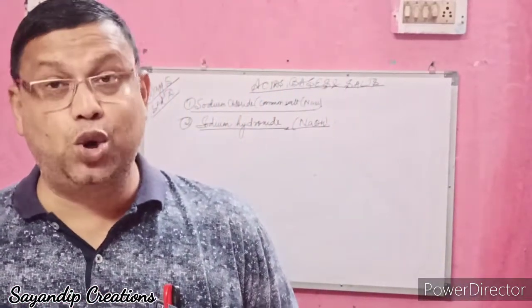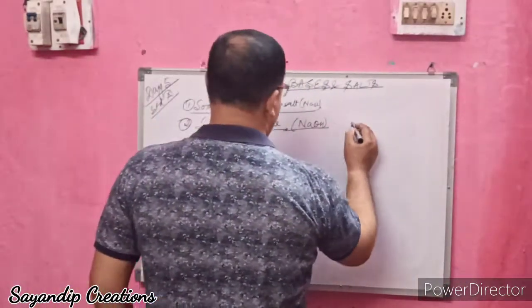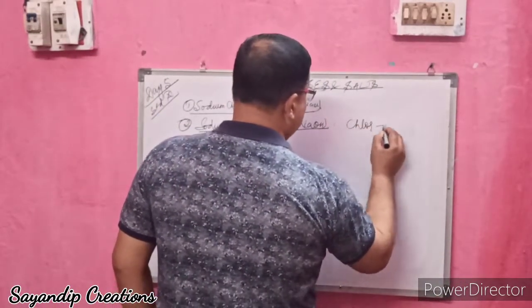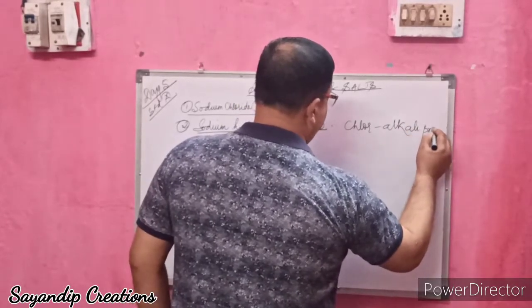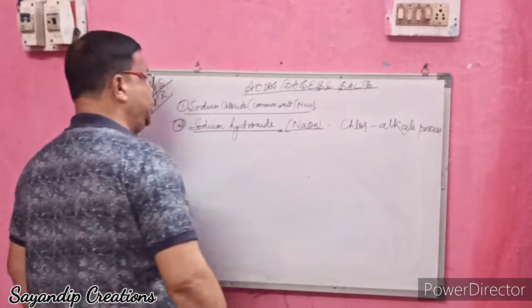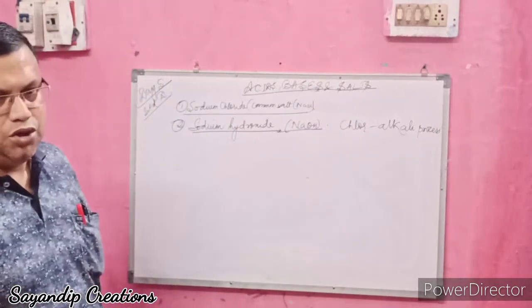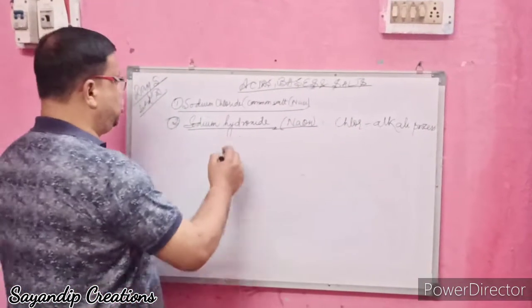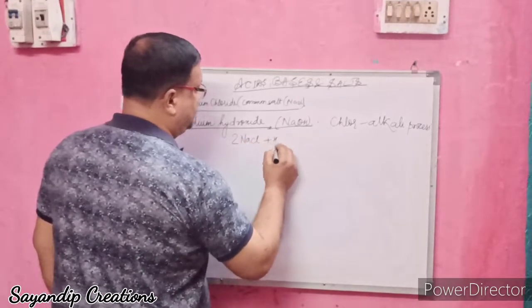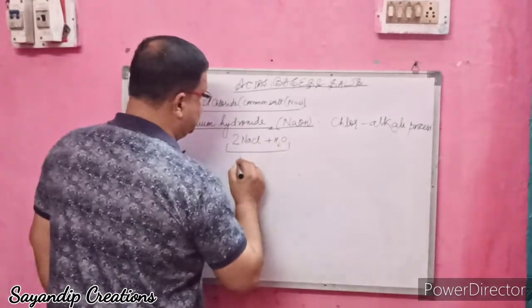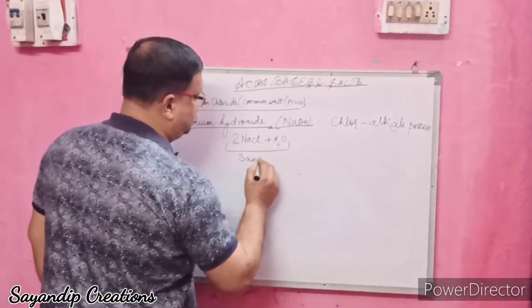This process is known as the chloralkali process. In the exam it is asked: name the process by which sodium hydroxide is obtained. Sodium chloride plus water, this you call a brine solution.